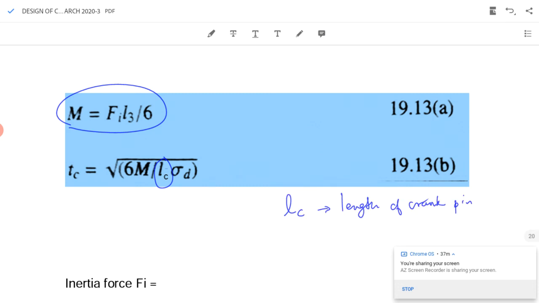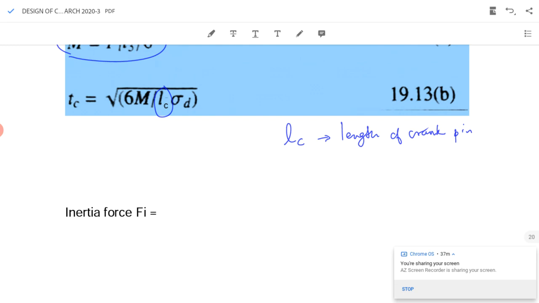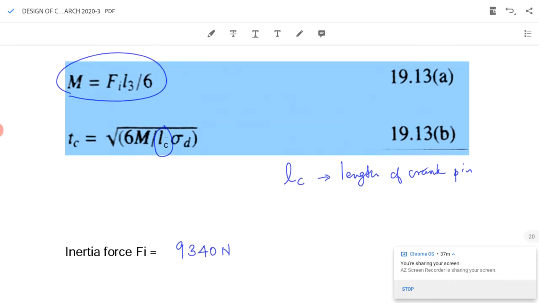We have found that value, Lc equal to 56.71 mm. Now we will substitute all these values. We have already found the inertia force Fi equal to 9340 Newton. So we have found the value of Fi.